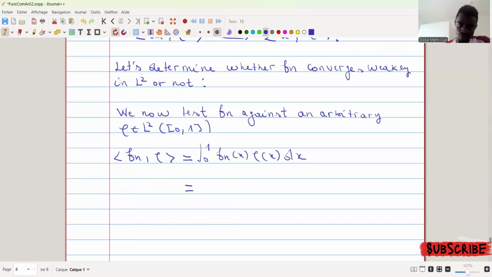So we have to divide our domain into two intervals, but in the other interval, you know that it is 0, so we don't mind. So it is equal to this.